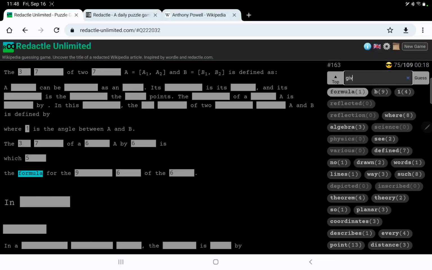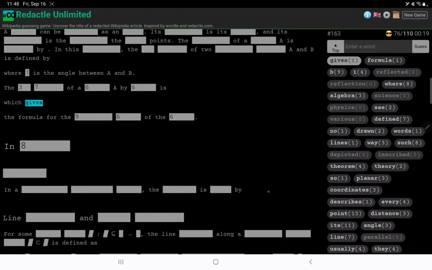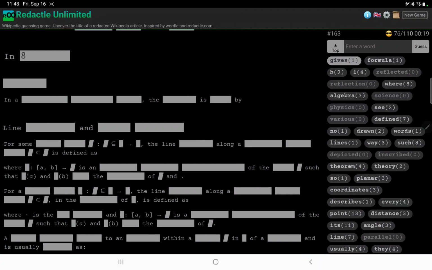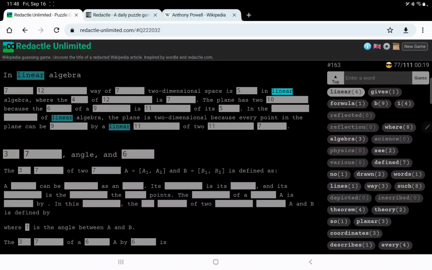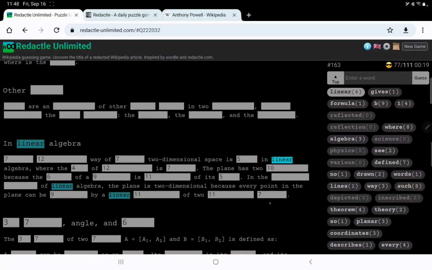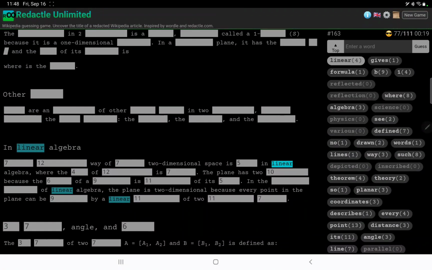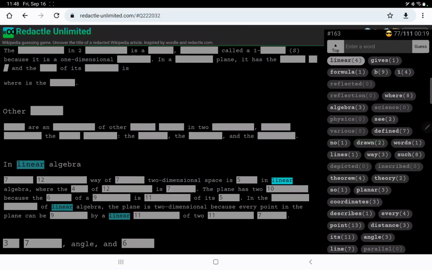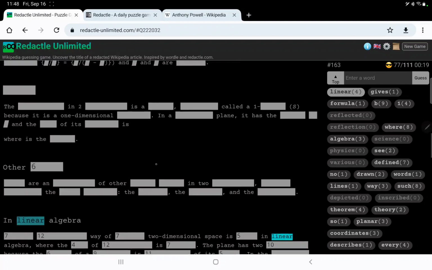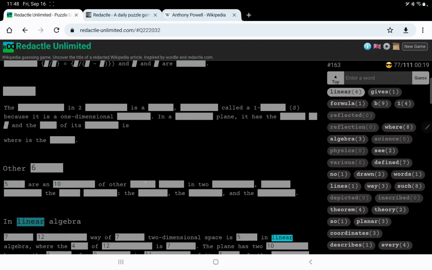Which gives maybe, yeah. I'm just thinking, let's try linear. We do have some linears. Oh, it was linear algebra. There we go. And all four linears appear in that paragraph.